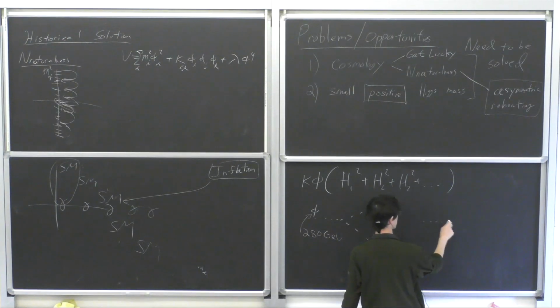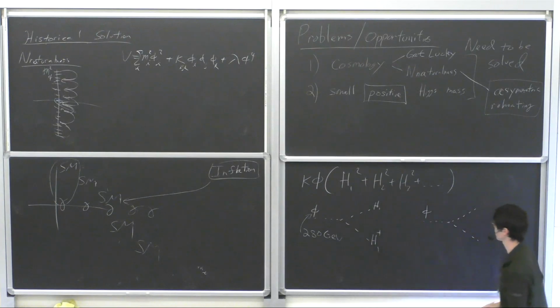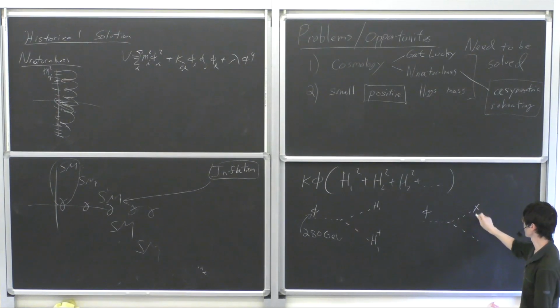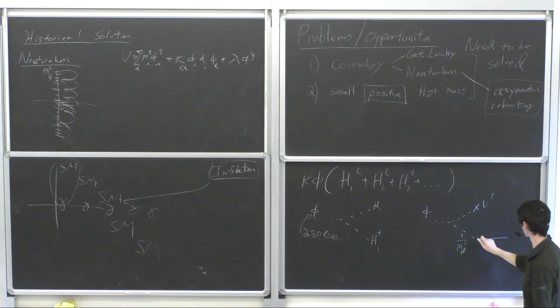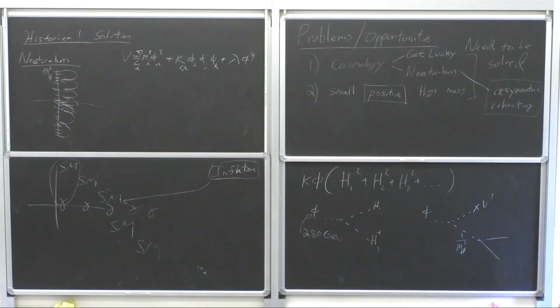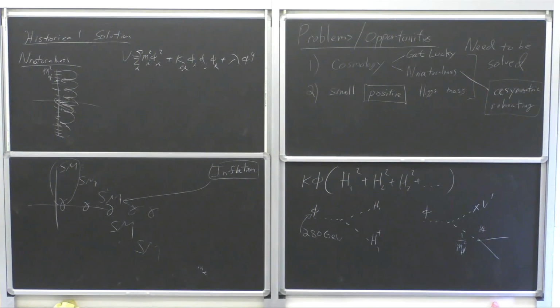And what happens? Here's some heavy Higgs. Let's say the heavy Higgs gets a VEV, v prime, 1 over m h prime squared, and to two of their fermions, y fermion. Clearly, this is suppressed by v prime over v squared.